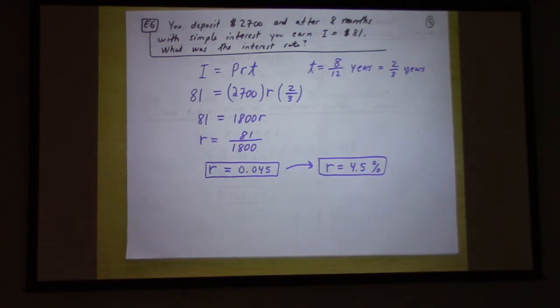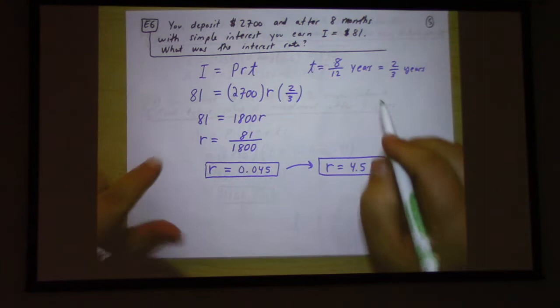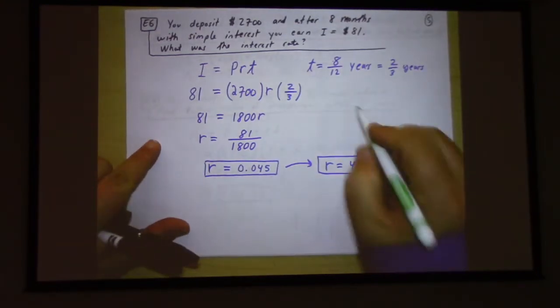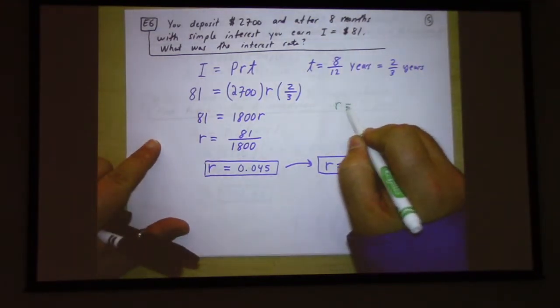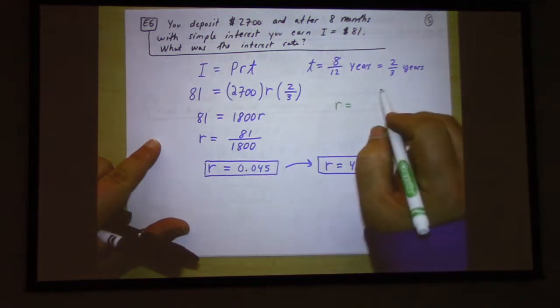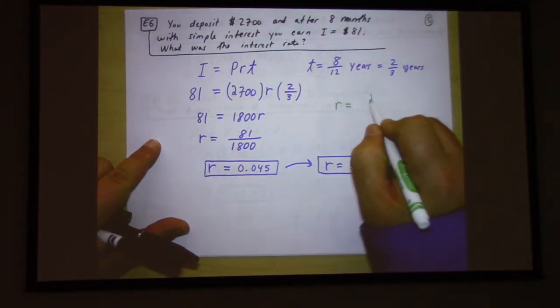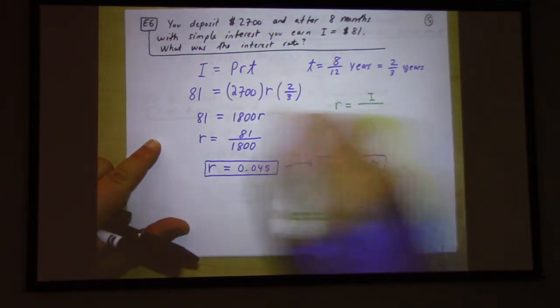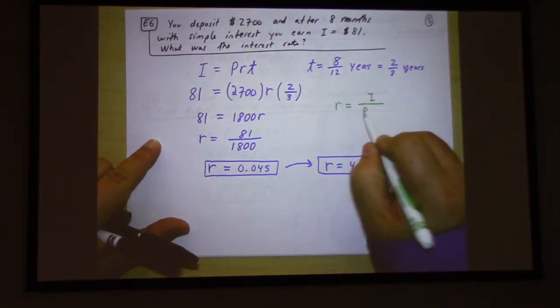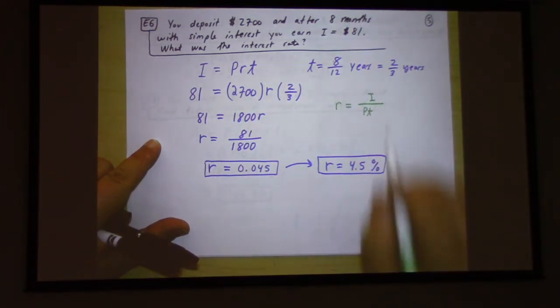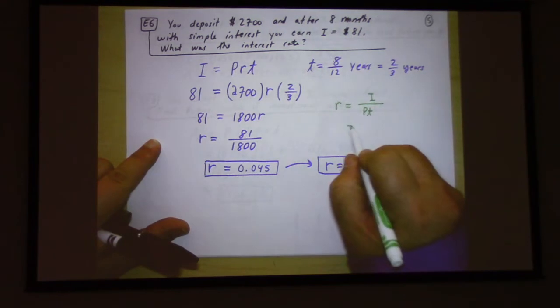I'll do it in green. So if I solve for r directly here, r is equal to what? r is equal to I divided by p and t, right? So you could work this problem like that instead, then put the numbers in.